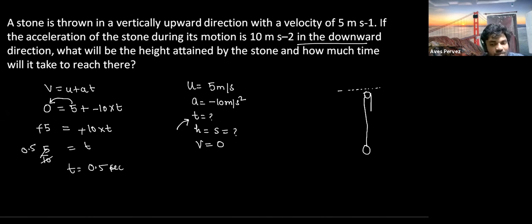One thing you need to keep in mind is that time can never be negative. If you are calculating something and you get the time as negative, then consider that you are committing some mistake, and that's why your answer is negative. So keep this in mind.